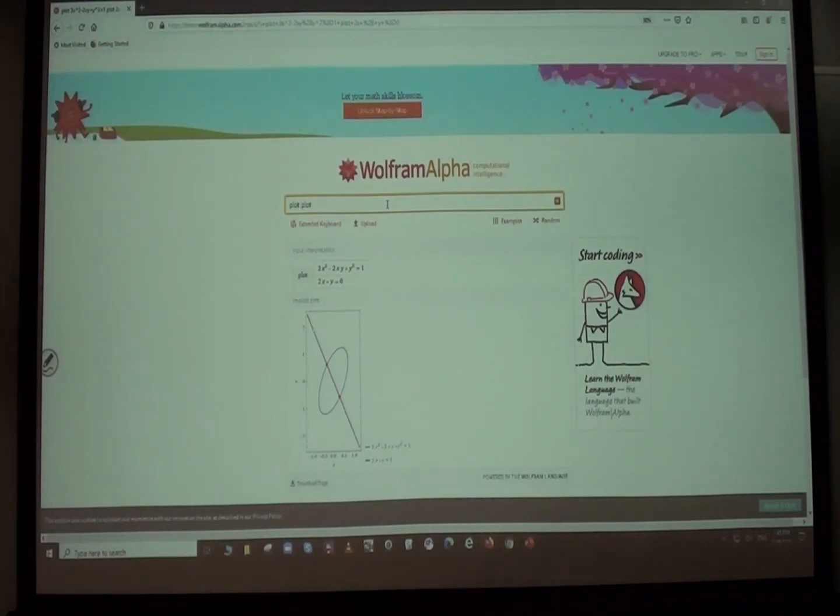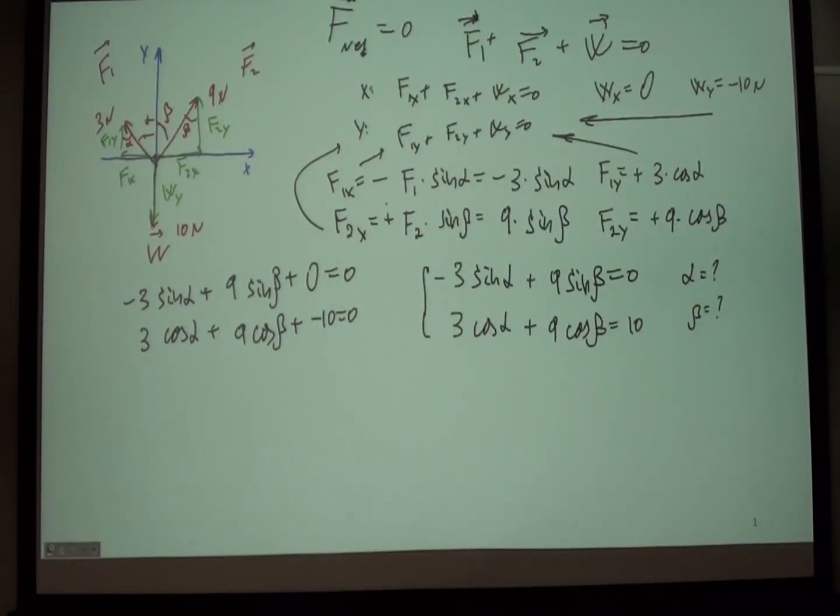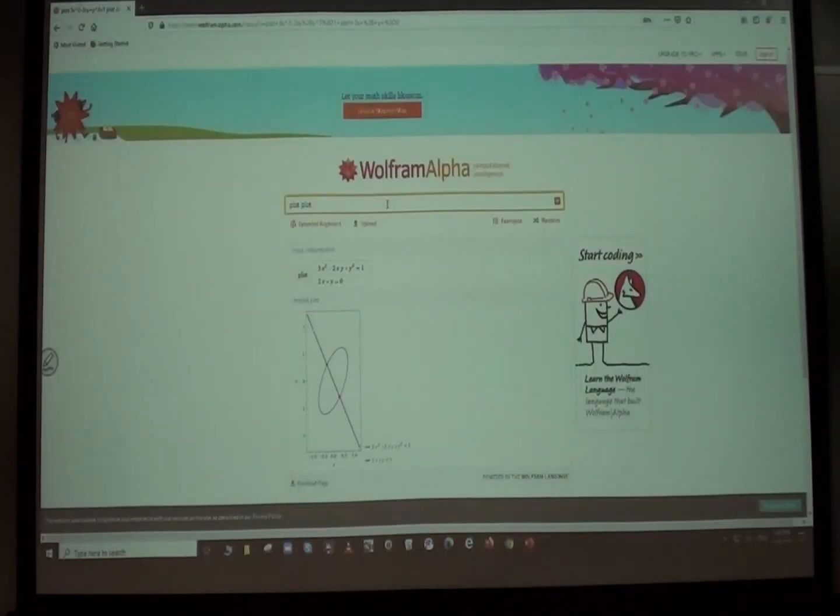So let's enter our equations. Negative 3 sine plus 9 sine equals 0. Negative 3 sine. Well, I don't know how to enter alpha, so I just enter x.